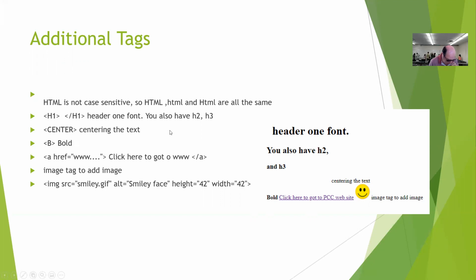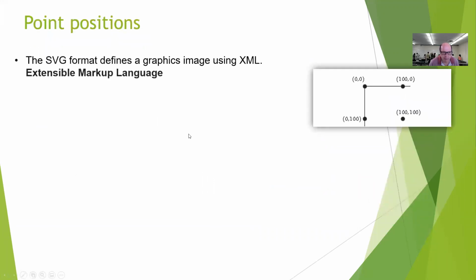But as web pages grew, as more of us using web pages, they figured out that the basic HTML is not working anymore. They wanted to add some more stuff to it. So what they came up with is called XML, the extensible markup language. So HTML is a markup language, and XML is extensible.